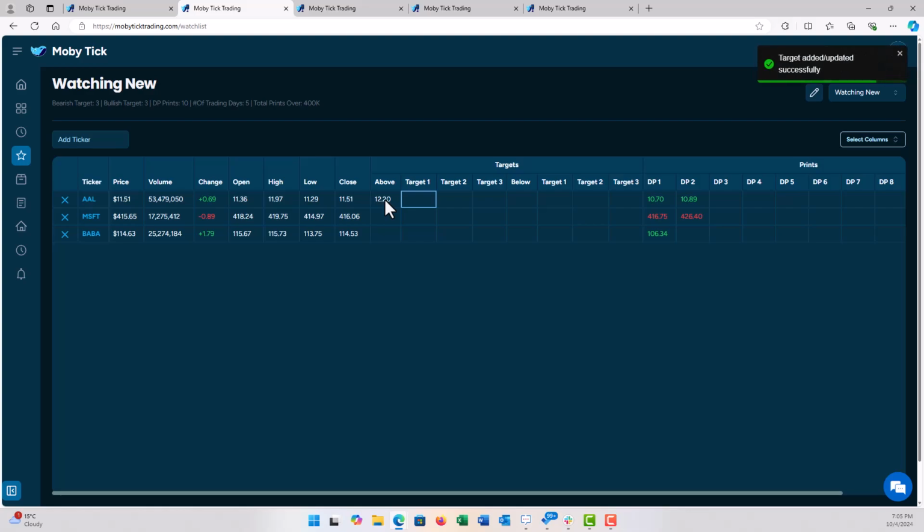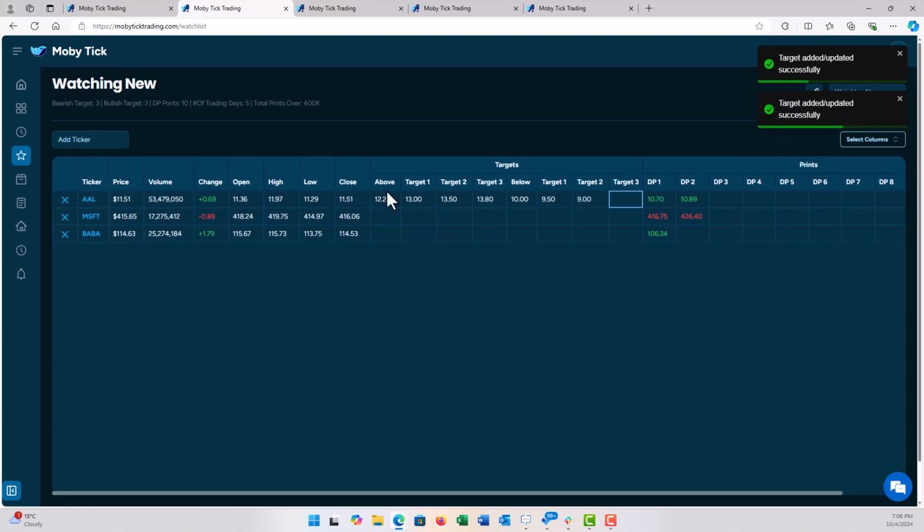And then we're going to have a target of 1350 and 1380. And then we're going to be bearish below 10. And then we'll go 950 and 9.